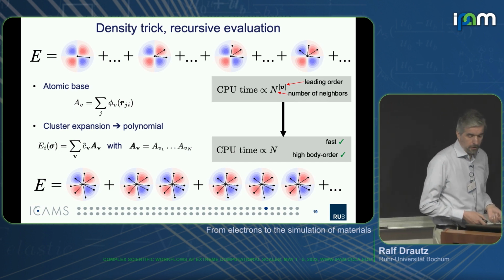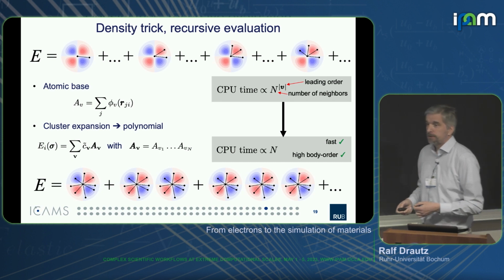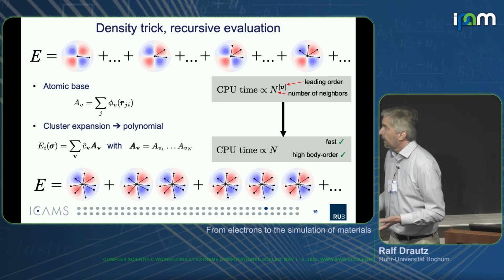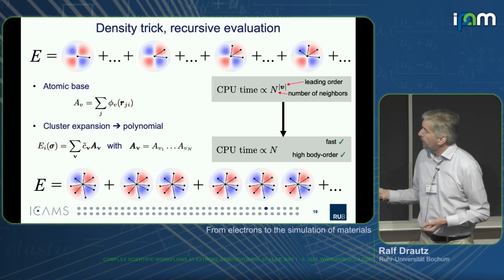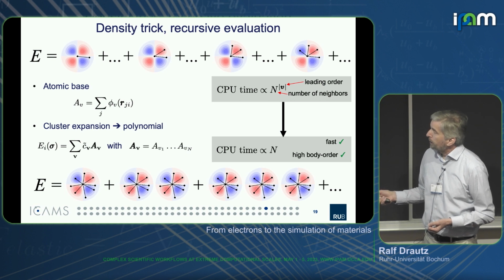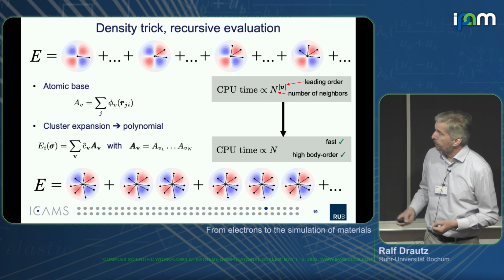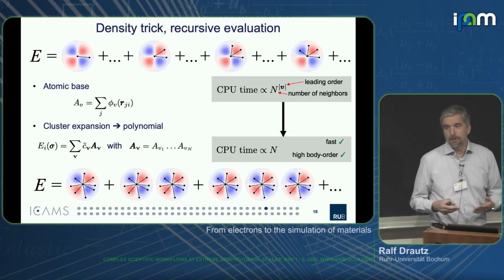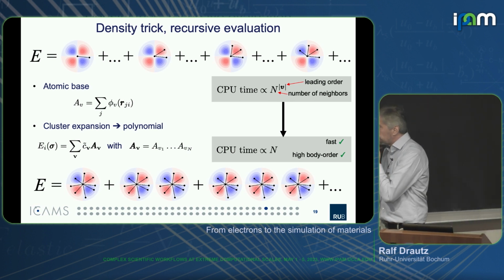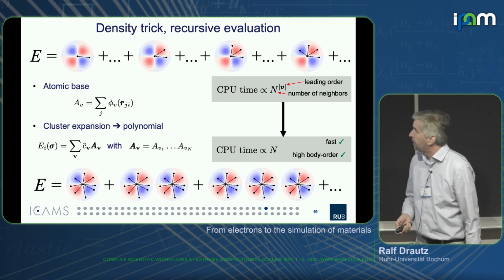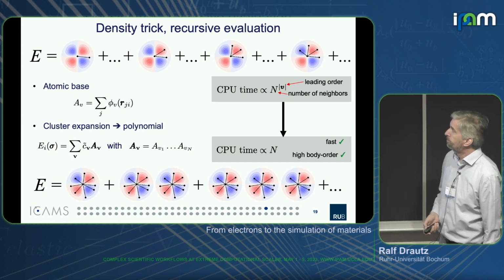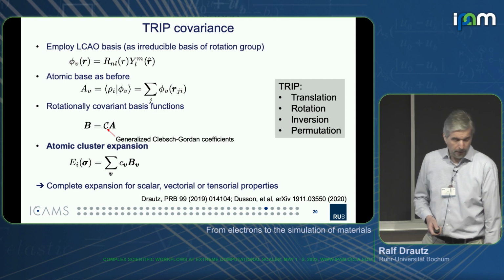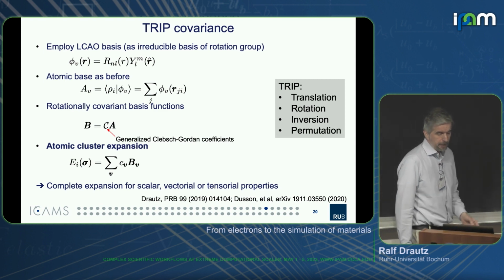Therefore, it's fast to evaluate. And as Christoph Ortner has shown, it's not only fast to evaluate because it's linear, but also because it can be evaluated recursively, and every single multiplication gives you a new basis function. So it's really efficient up to high accuracy and high body order. Okay, so this is the basics of the atomic cluster expansion.